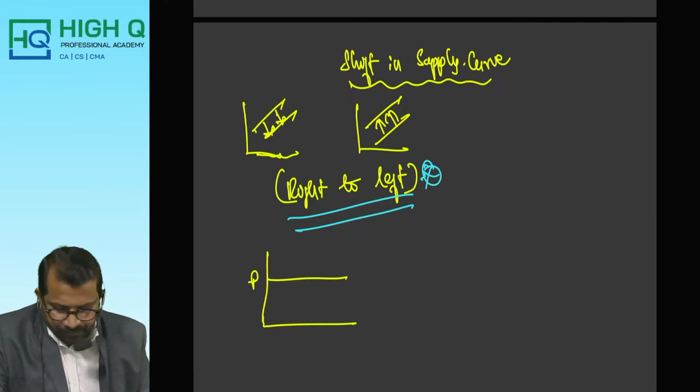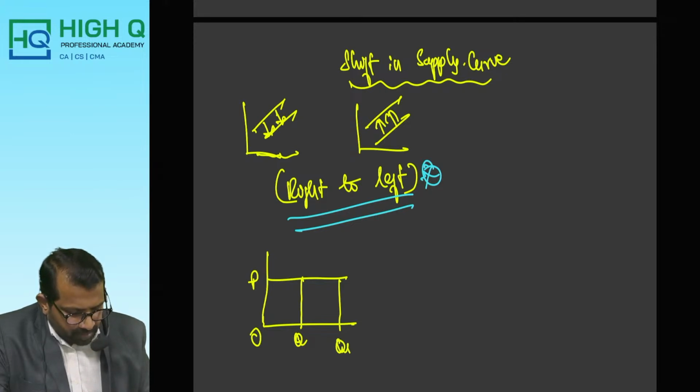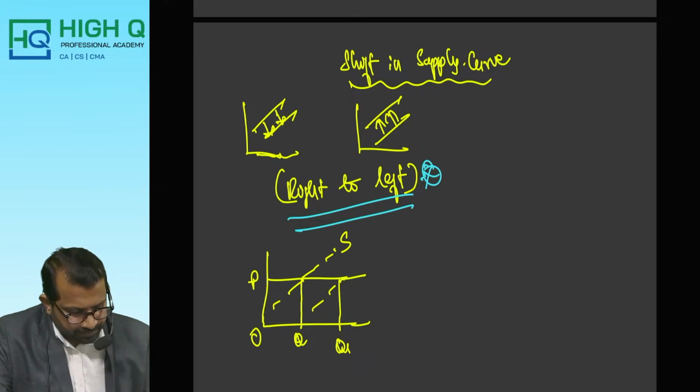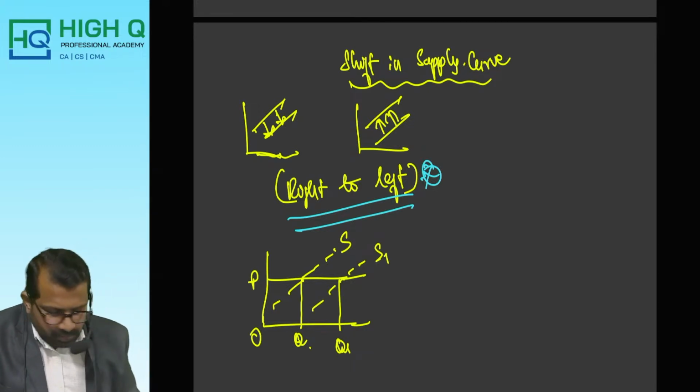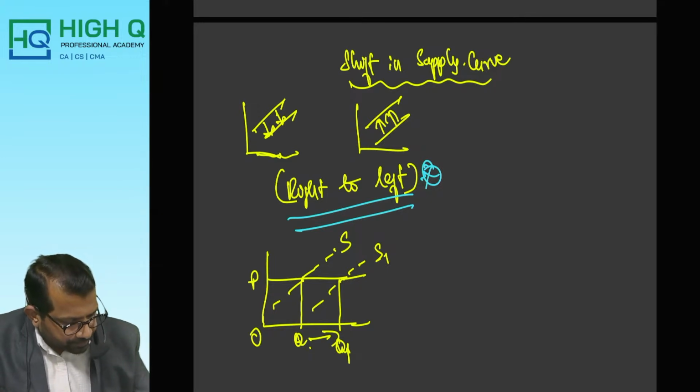For that, price, quantity, again Q1, S, S1. So in this portion, Q2, Q1 increase.